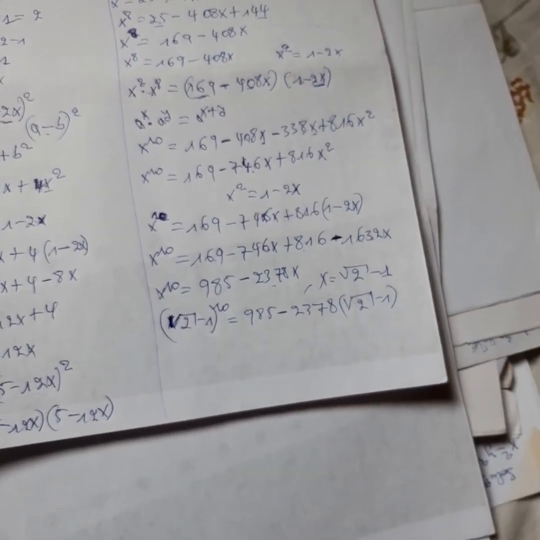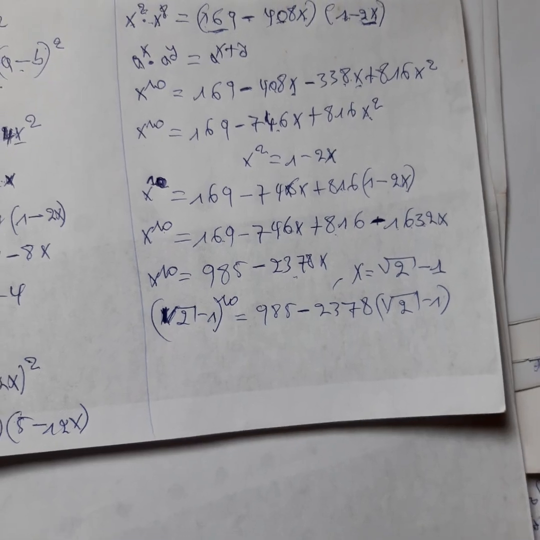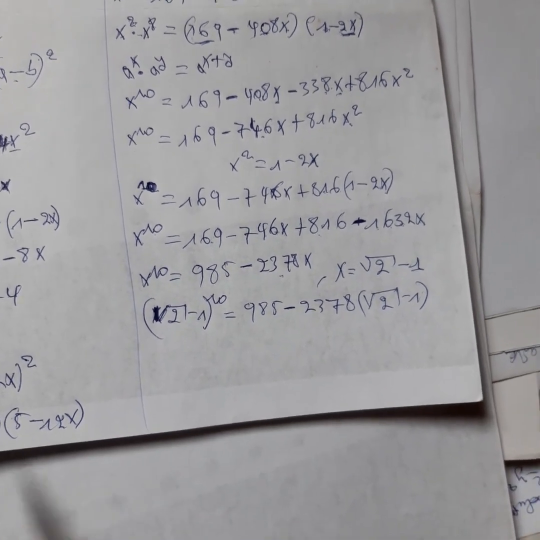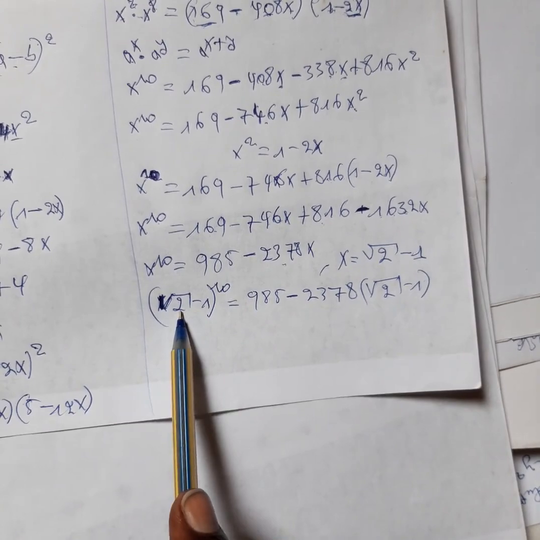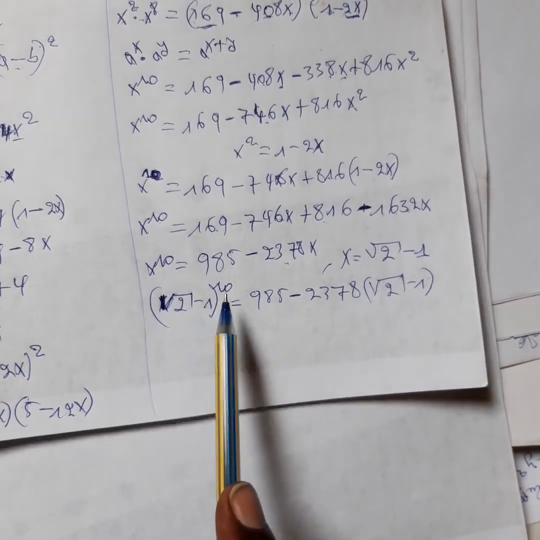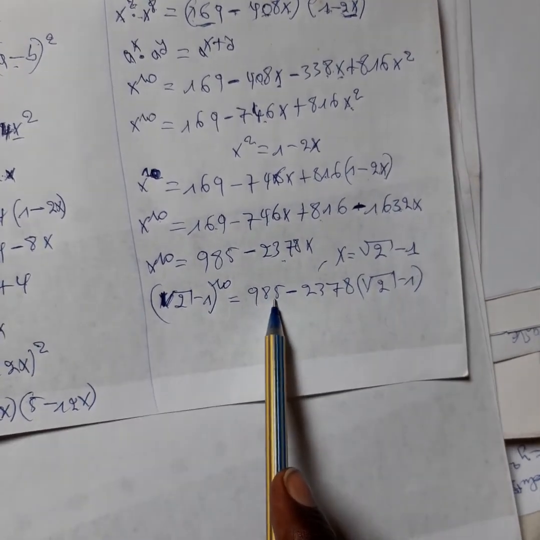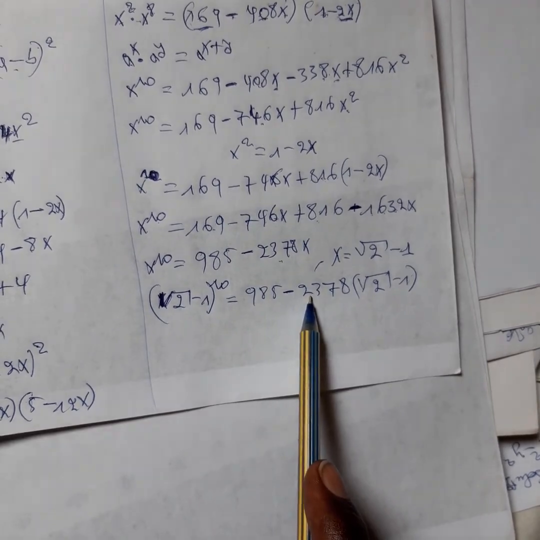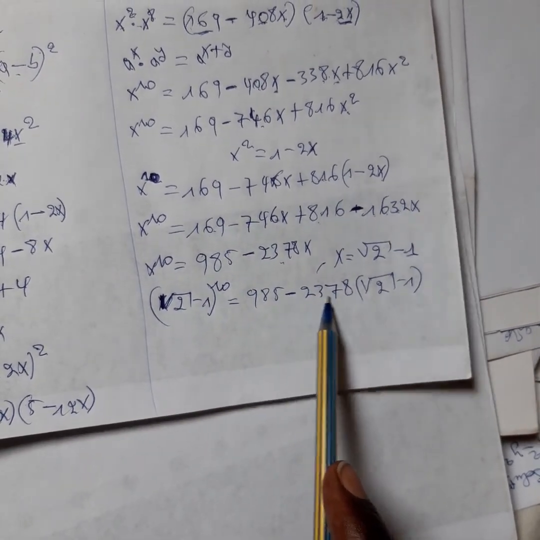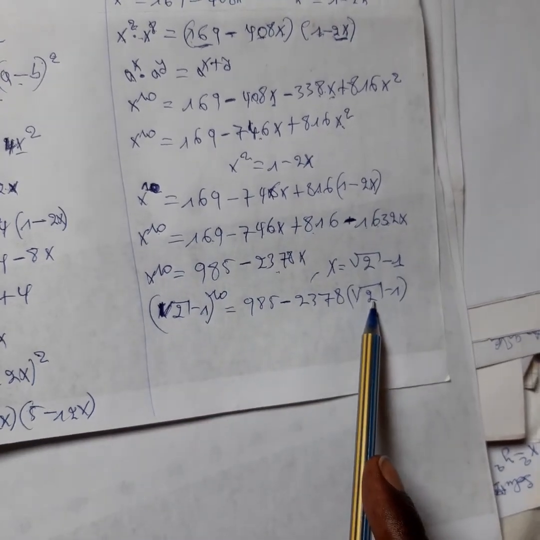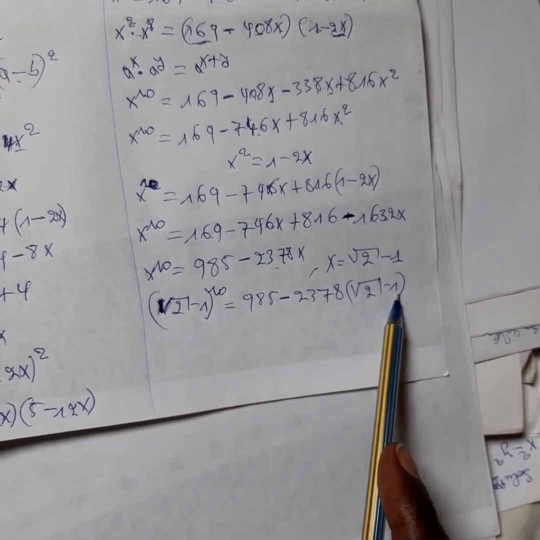So at this point, here we got square root of 2 minus 1 to the power 10, which is equal to 985 minus 2378 times square root of 2 minus 1.